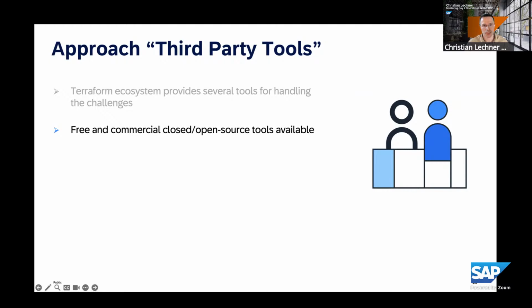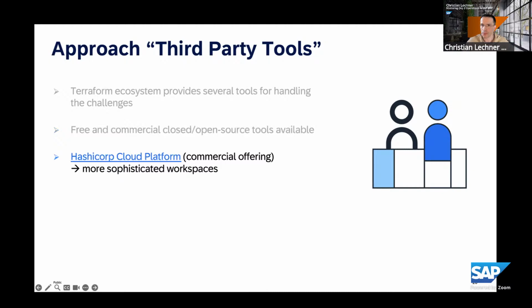And one choice that, of course, immediately comes to your mind when you're talking about Terraform probably is HashiCorp Cloud Platform, which is the commercial offering of HashiCorp Terraform, which, as I said before, comes with more sophisticated workspaces. I would say completely different workspaces, to be honest, because those are really confusing concepts. But it comes at a price, which means you have to pay money for that.